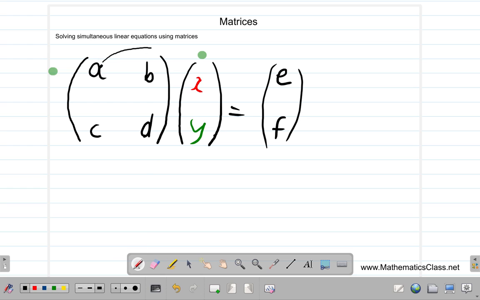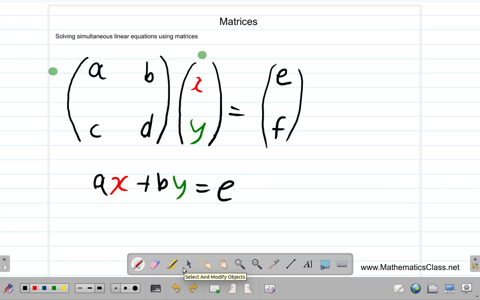First element in row 1 times X plus second element in row 1 times second element in the column. You have A times X, then plus B times Y. What is that equal to? Going to be equal to E. You see that? It's row 1 times the column.